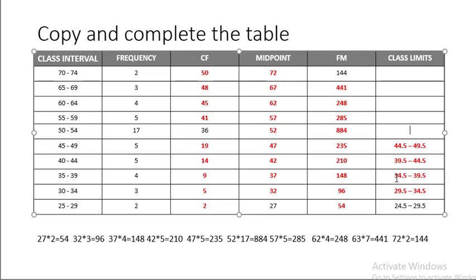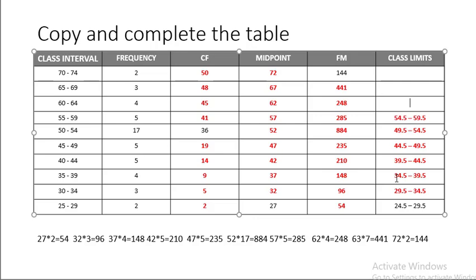Then 50 minus 0.5, I'm minusing the left-hand side, so 50 minus 0.5 is equal to 49.5. Then 54 plus 0.5 is equal to 54.5. So we'll move up. 55 minus 0.5 is equal to 54.5. Then 59 plus 0.5 is 59.5.